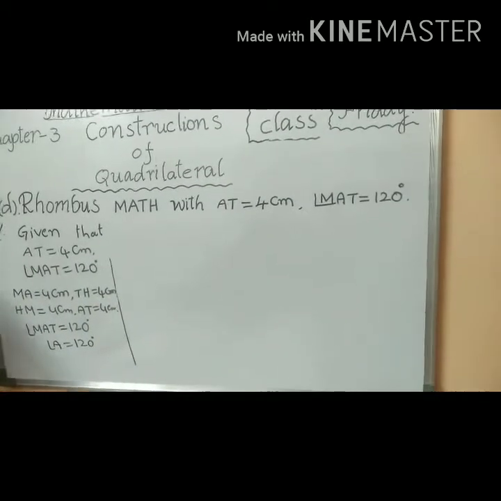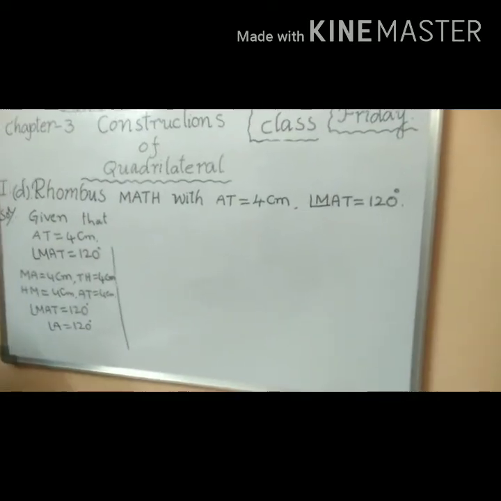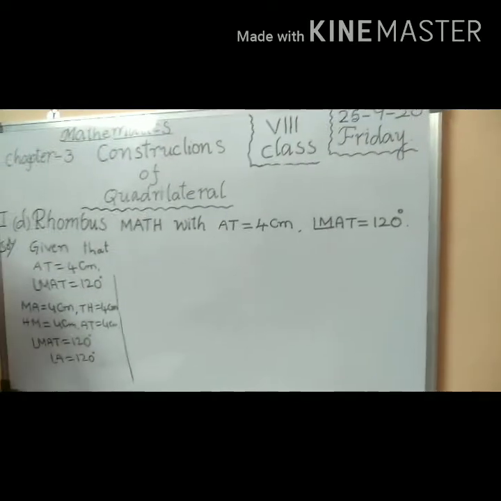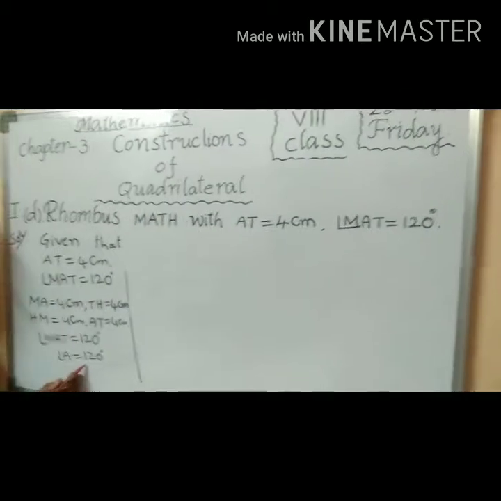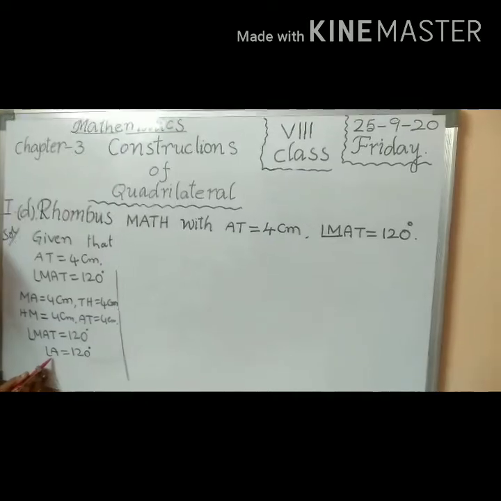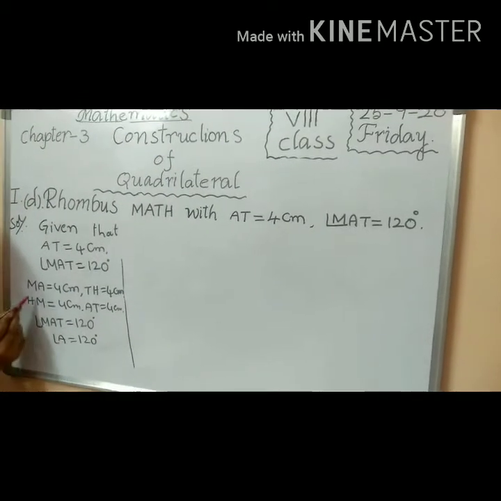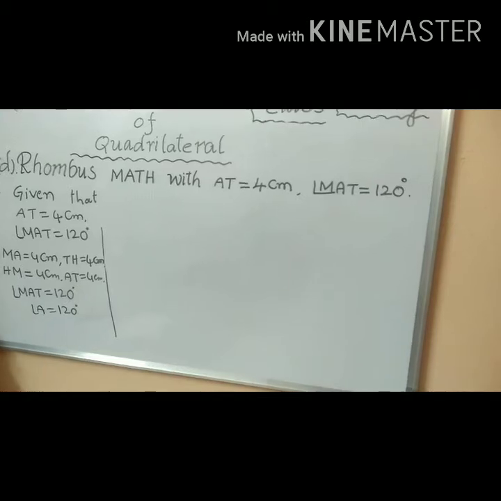Once observe in the problem what is given as the base. Already given is angle A, 120 degrees. The base is the side at the vertex, MA's dimension, so MA equal to 4 centimeters.